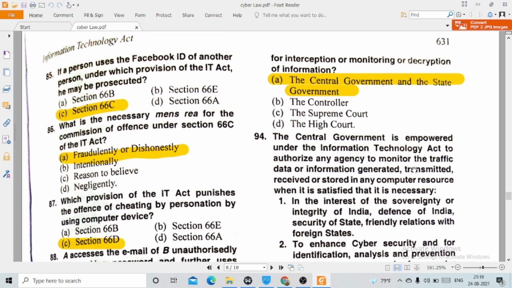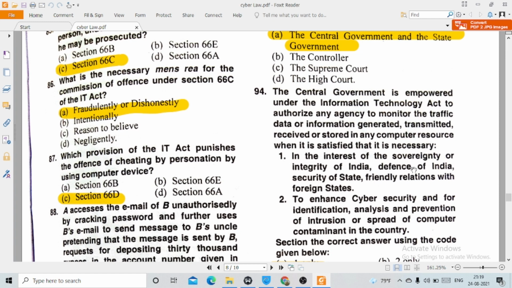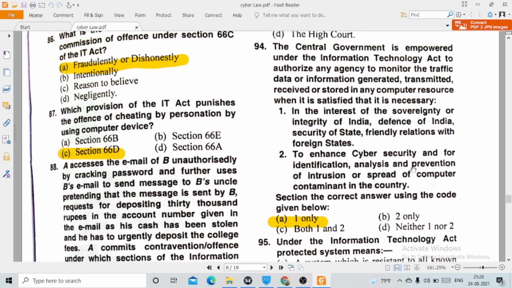The central government is empowered under the Information Technology Act to authorize any agency to monitor the traffic data or information generated, transmitted, received or stored in any computer resource when it is satisfied that it is necessary. It is necessary, option A, in the interest of the sovereignty or integrity of India, defense of India, security of the state, and friendly relations with foreign states, as I already told you.